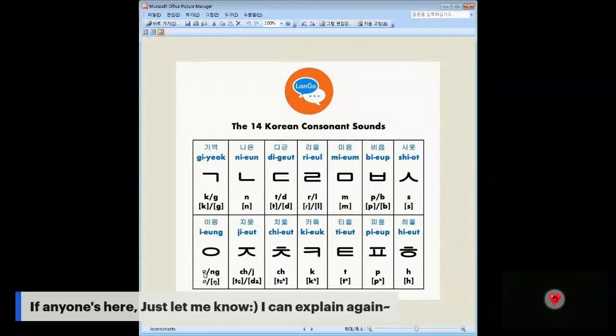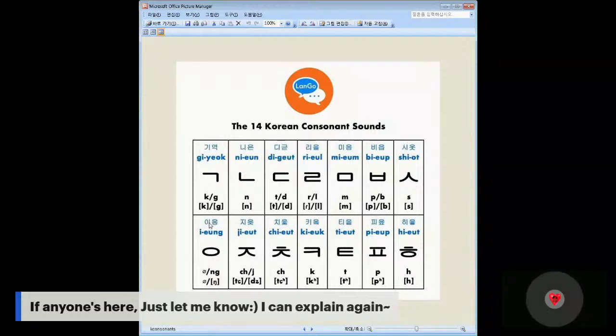This means silent because if we see the first syllable of its name, it's E, and it's just the vowel sound. This vertical line vowel is E. So actually, there's no consonant sound in this syllable.